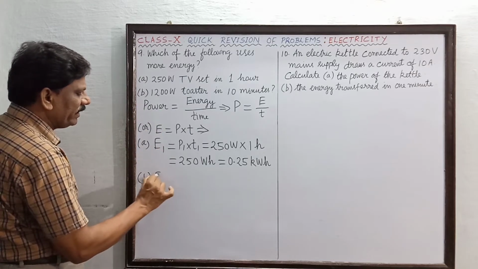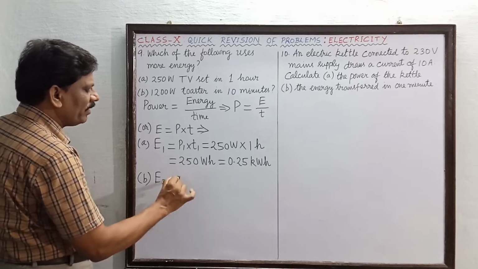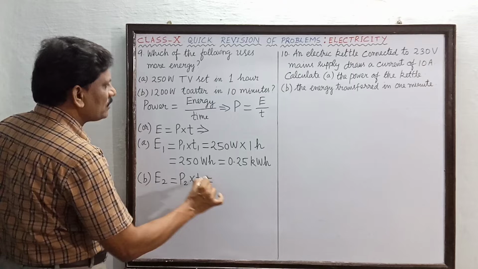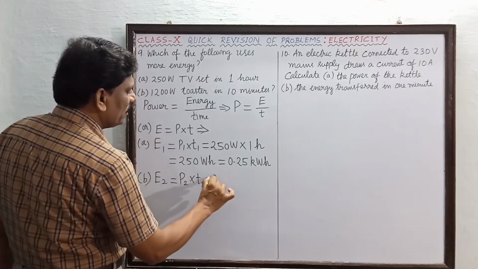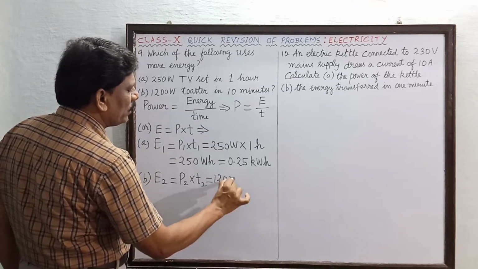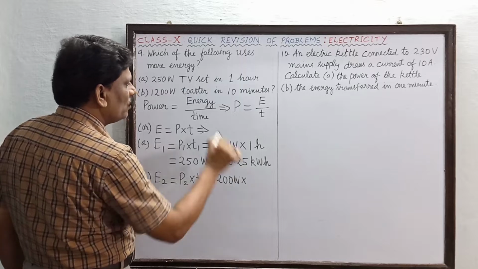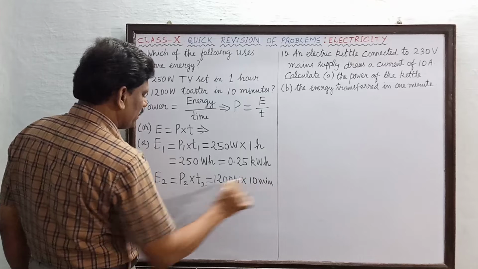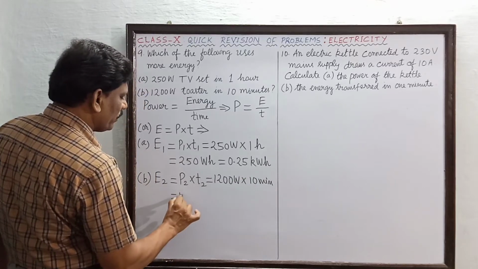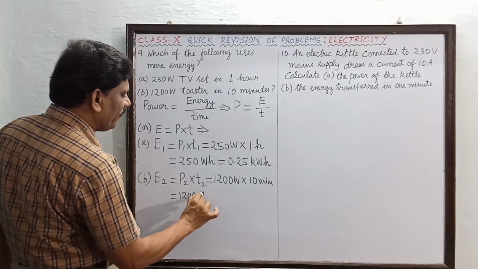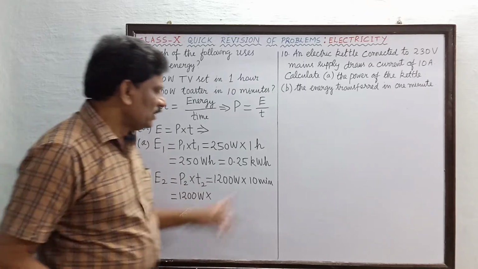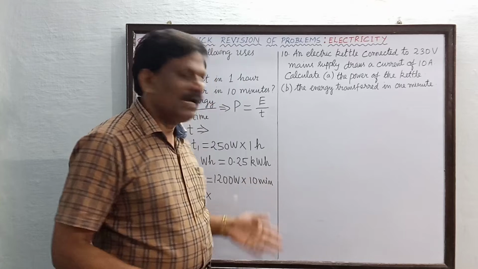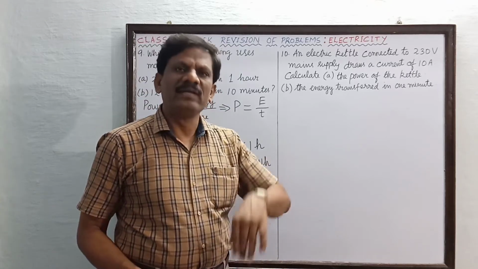Now for the second case, B. Here energy E2 must be equal to power P2 into time T2. The power is 1200, so this is 1200 watt into 10 minutes. 10 minutes is how many hours?